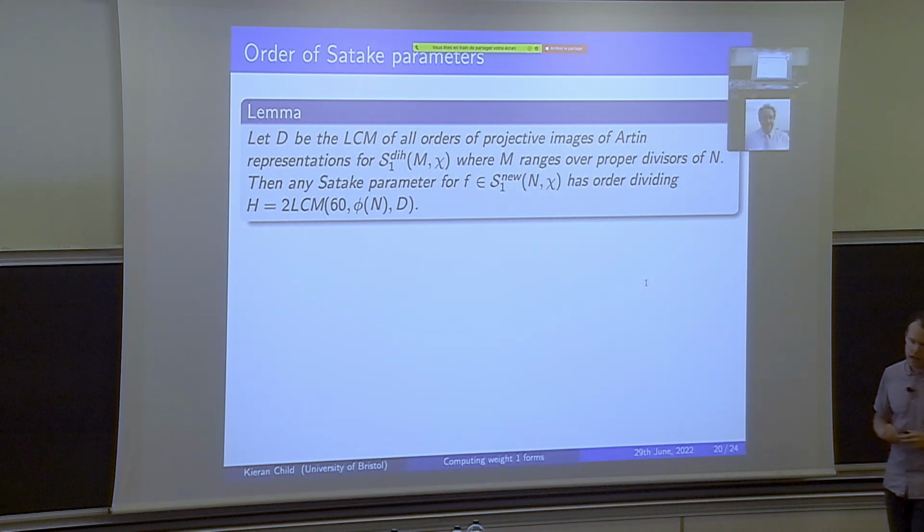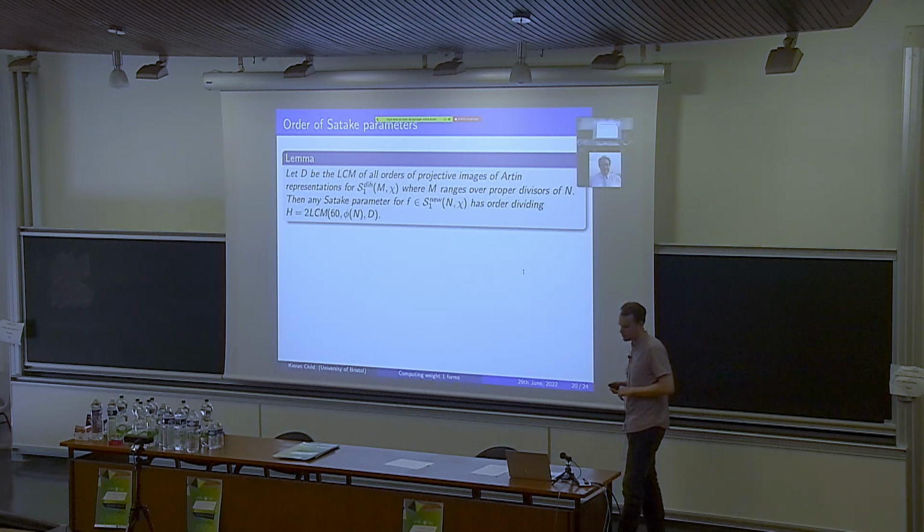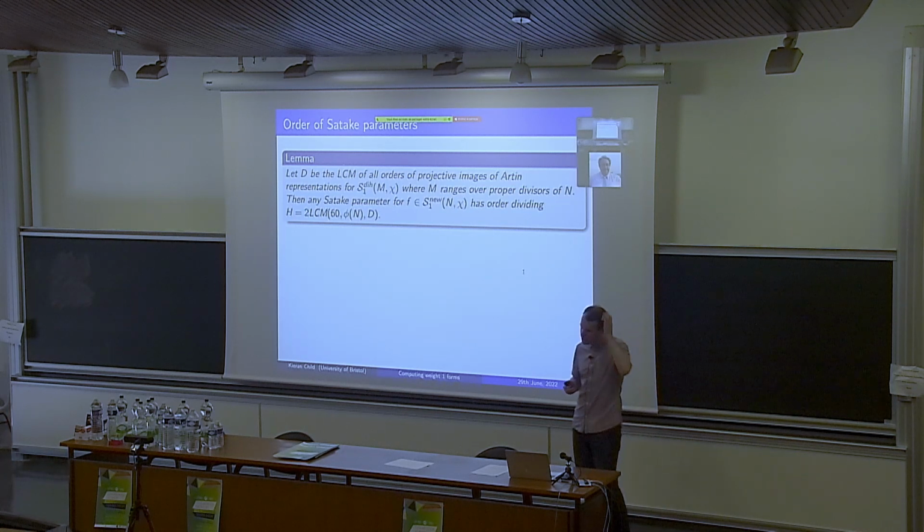So an important step towards lifting is noticing that our Satake parameters can't just be any root of unity. There's a very strong restriction on the order of the Satake parameter. So this is a very key result which allows our lifting process.